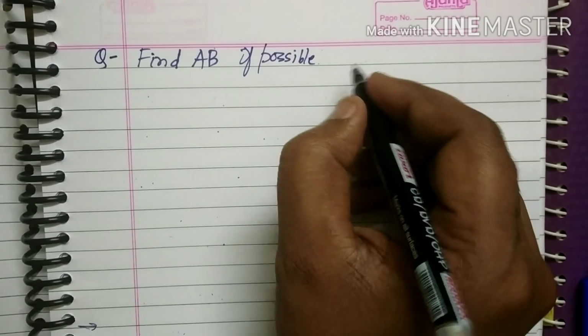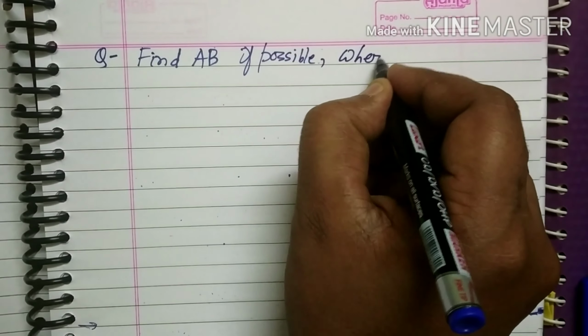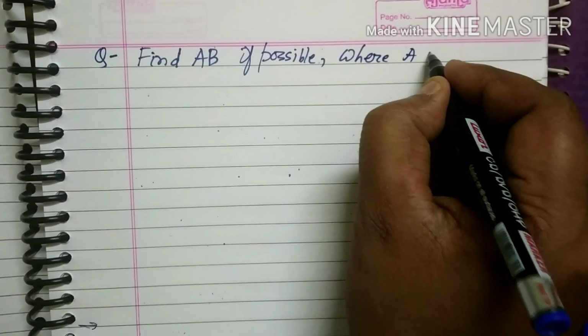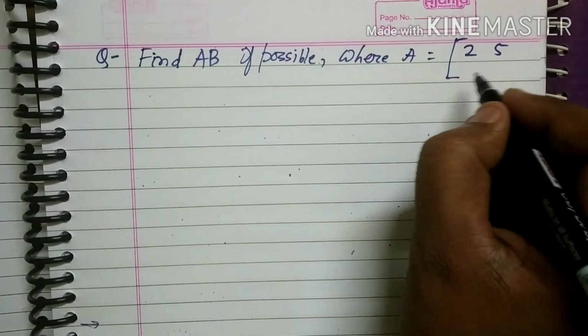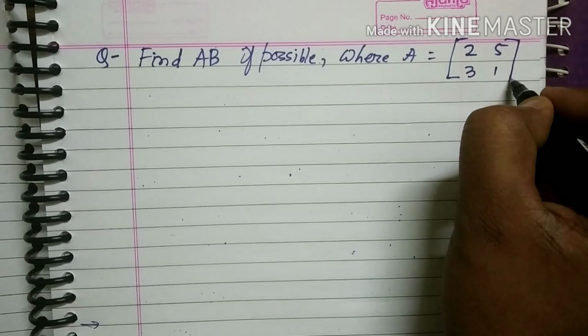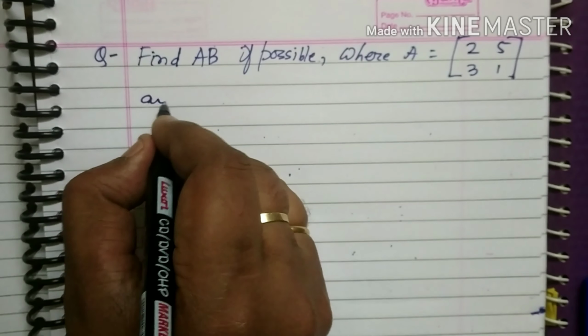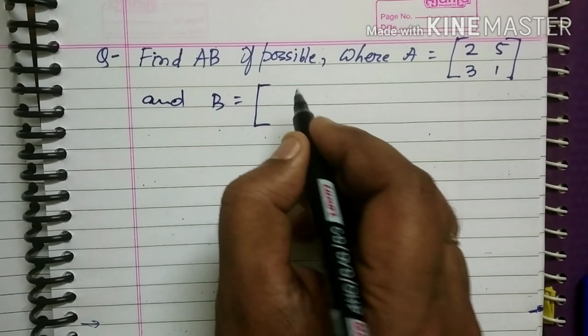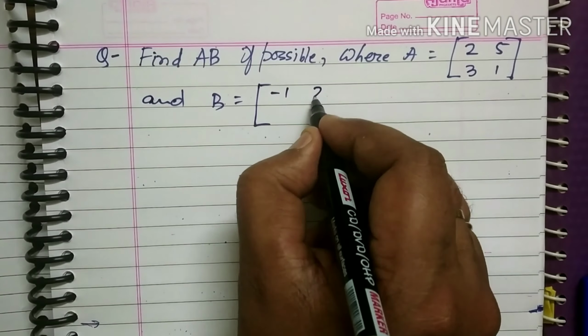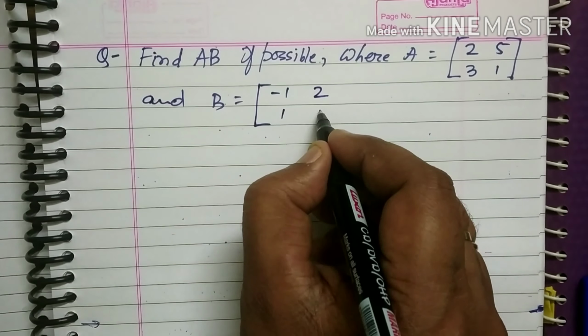It means you have to check, where A is a 2 cross 2 matrix, 2 5, 3 1, and B is equal to minus 1 2, 1 3.